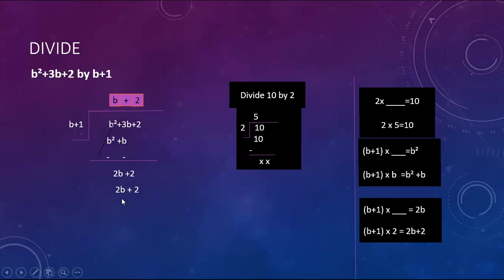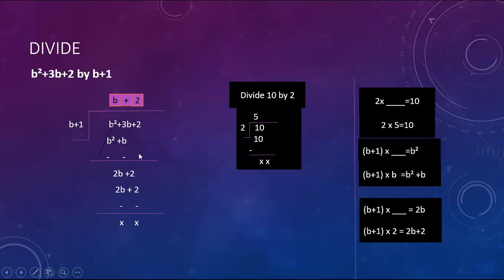Now the next step is again the same, sign change. We have to change the sign of only the second term, and the second term is 2b plus 2. There is a sign of plus here, so it will be converted into minus. Now 2b minus 2b is cancelled and 2 minus 2 is cancelled.